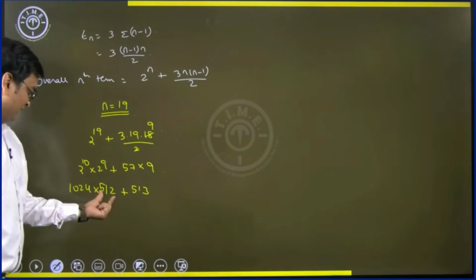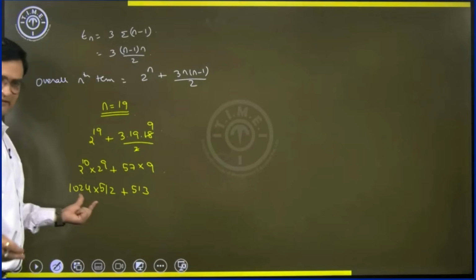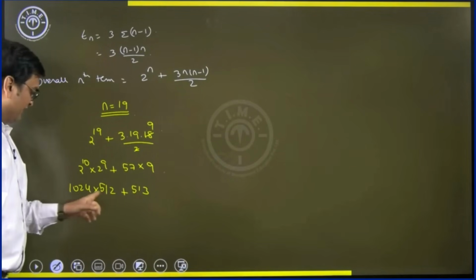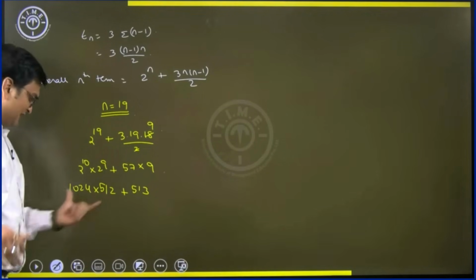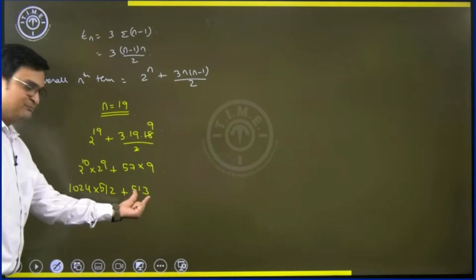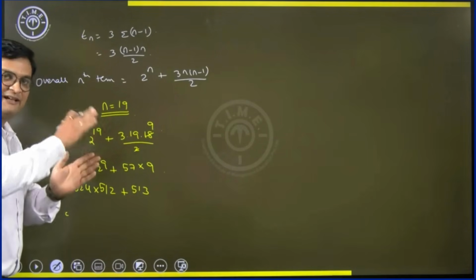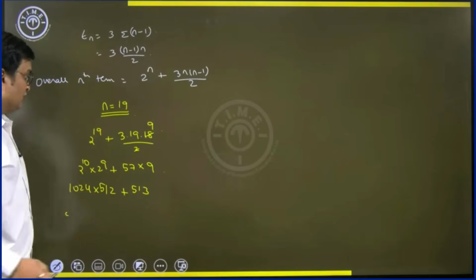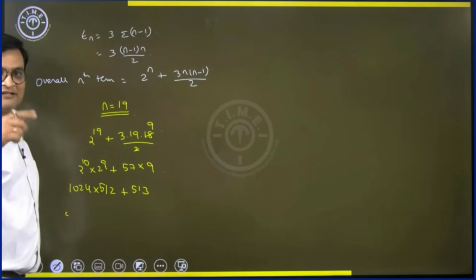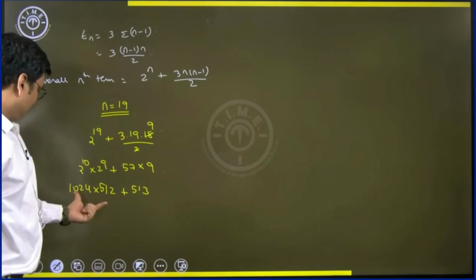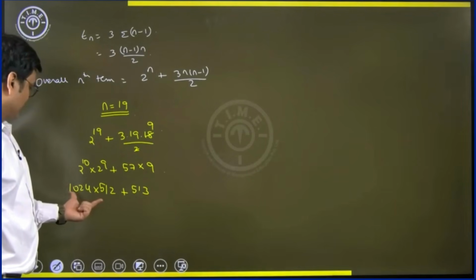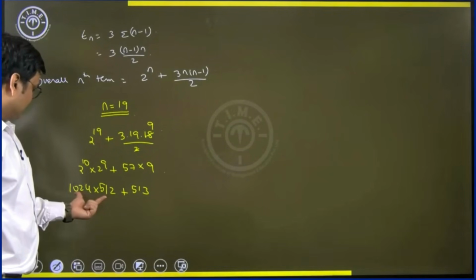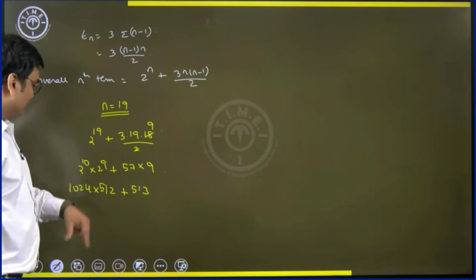Observe, this is in 500s, this is in thousands. Early 500s, early thousands. So 500 into 1000 will be something like 5 lakh, approximately 5-6 lakh, plus 500 will be still around 5-6 lakh. It is not going to cross 10 lakhs. So for n equal to 19, it's not going to cross 1 million, right?